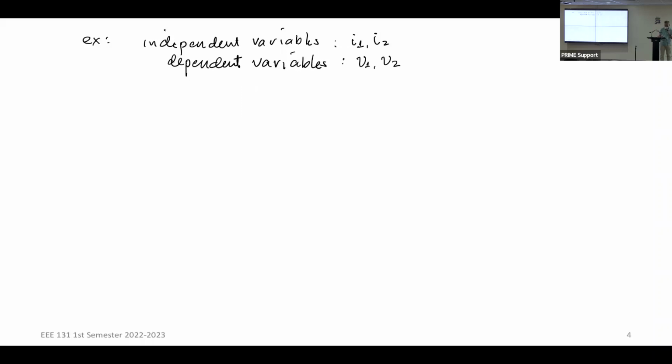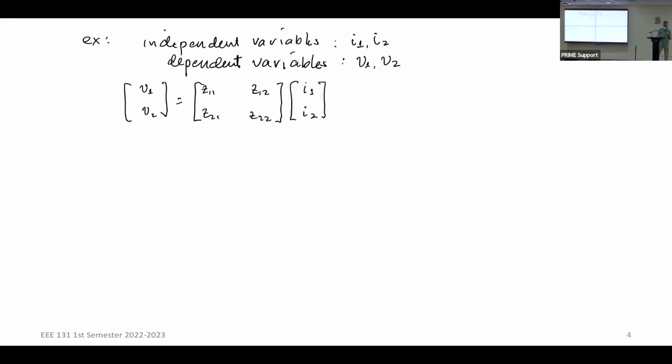So if I use matrix notation, this is V1, this is V2. This is I1, this is I2. And your matrix will consist of Z11, Z12, Z21, and Z22.